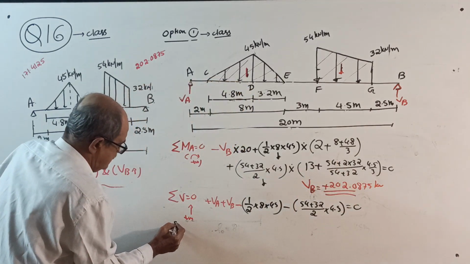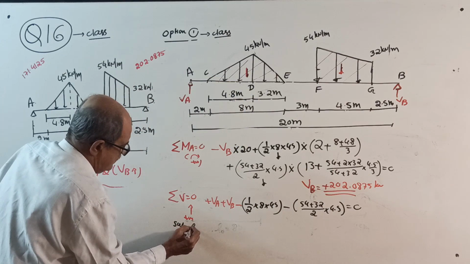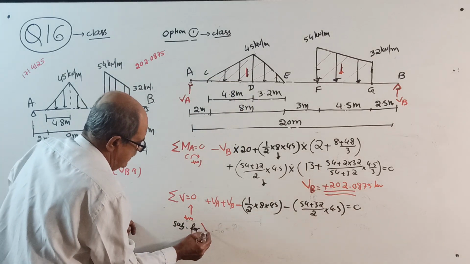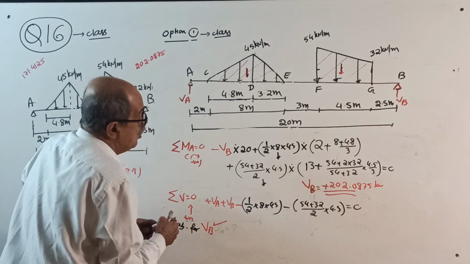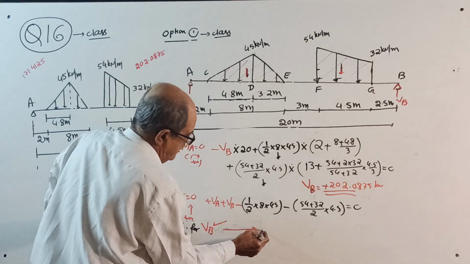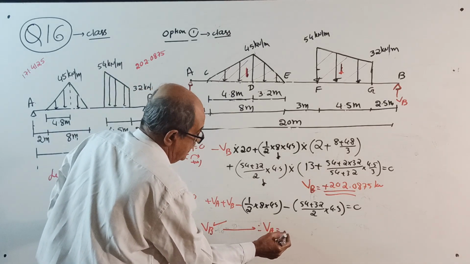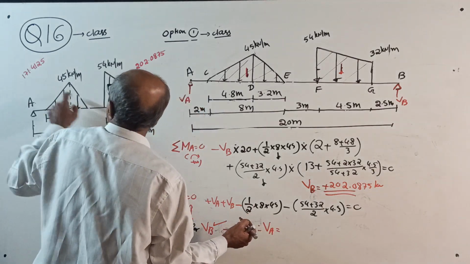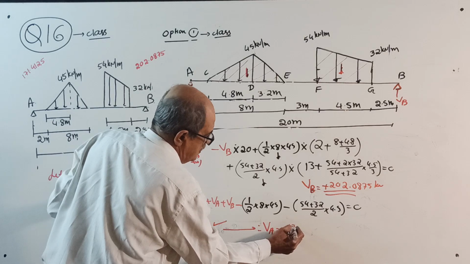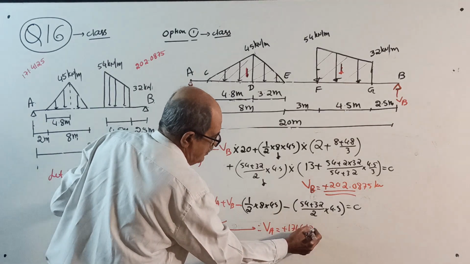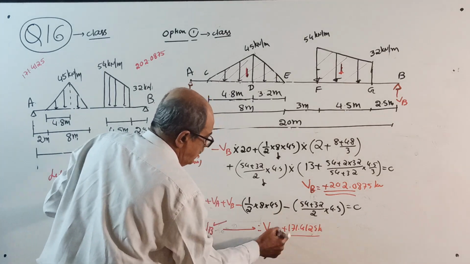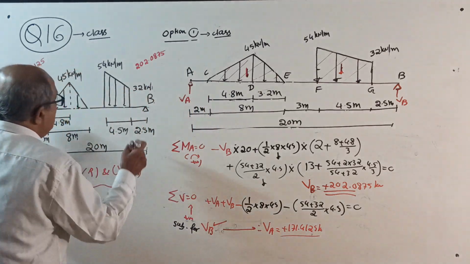Now substitute for VB, whatever you got there, substitute that one. Therefore, you get the value of VA plus 171.4125 kilonewton. Over. Then do one thing, come back here and make entry here.